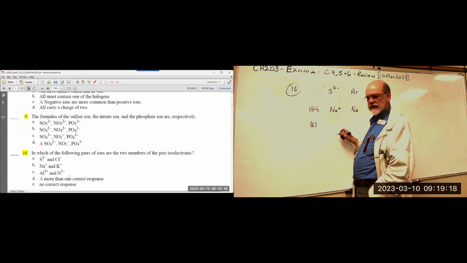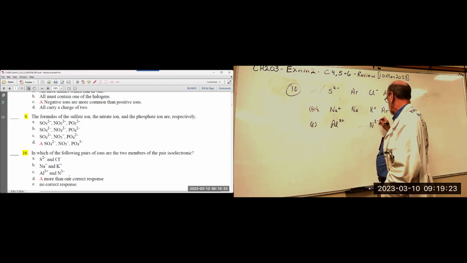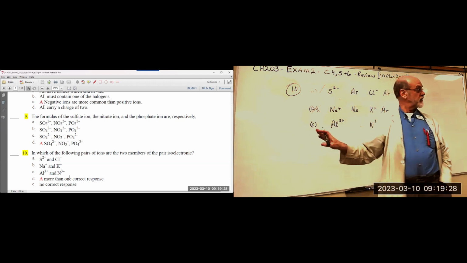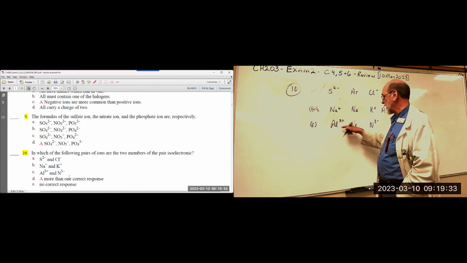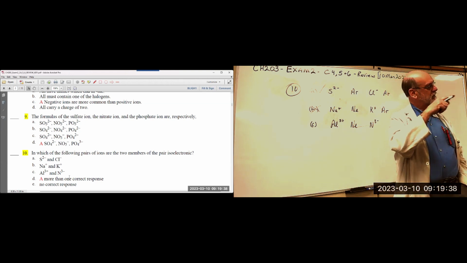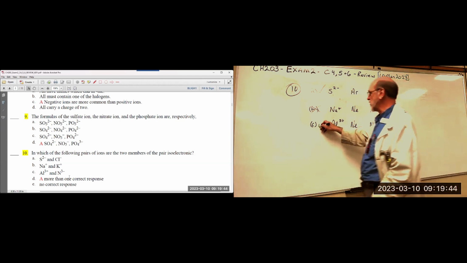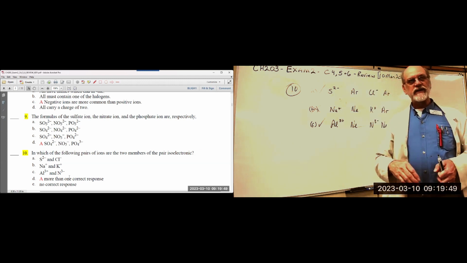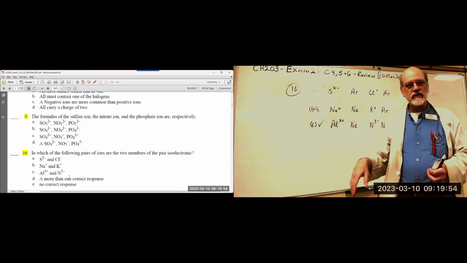Aluminum and nitrogen. Aluminum is always a 3+. Nitrogen is, in this case, 3-. If we back up 3 for aluminum, we go magnesium, sodium, neon. So that one looks like neon. How about nitrogen 3-? 3 to the right: oxygen, fluorine, neon also. So both A and C are isoelectronic. And we didn't actually have to sit down and draw out their electronic structure. I'm sure you're sick of that.